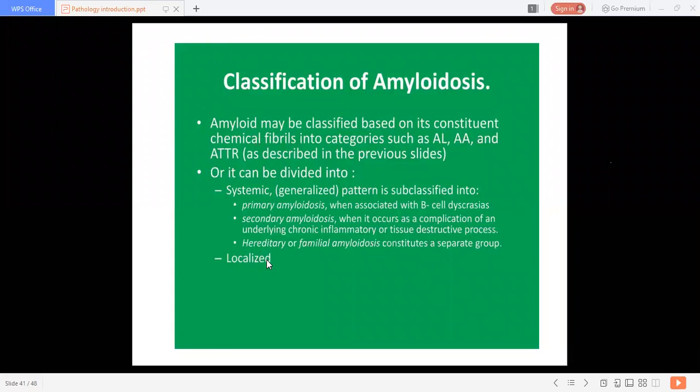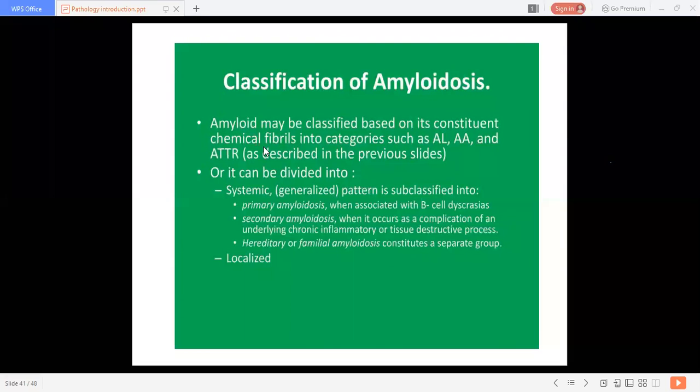Third is endocrine associated amyloidosis. Some endocrine tumors are associated with these deposits. Examples: medullary carcinoma of thyroid, tumors of pancreas, or tumorous growth related with the fallopian tubes, tumors of ovary.